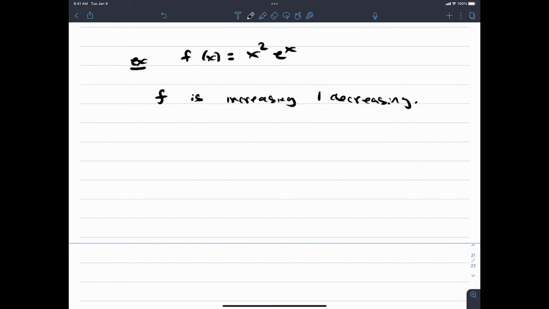And actually, this question has more. They also want you to find intervals of what? Concavity. So this one might be chosen so that this is a good concavity question as well. Intervals of concavity.